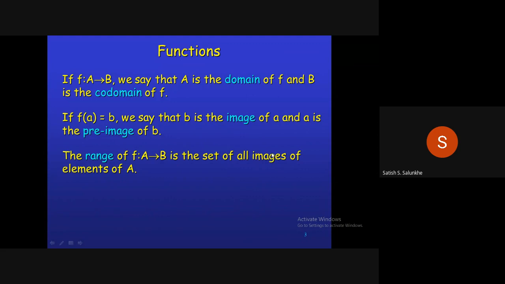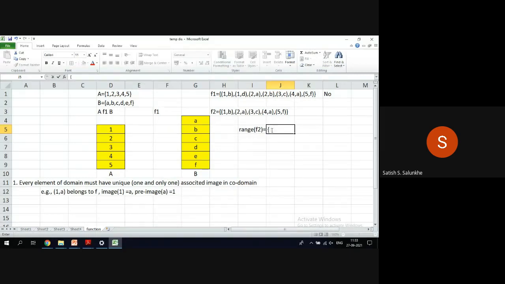Where are the images present, in the domain or codomain? Hussein, I am asking you. Codomain. So tell me the answer. What should I write here? A, B, C, f. Sorry, A, B, f.